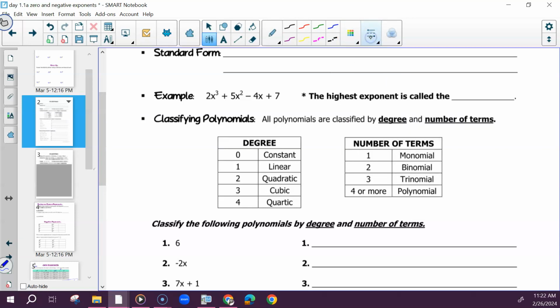So when we look at an exponent or the highest exponent in a polynomial, if there isn't an exponent at all and there's not a variable, so like if we just had 7, that would be a constant. If we have just x but no exponent, that would be linear. Something with a 2 is quadratic, something with 3 is cubic, 4 is quartic, and 5 is quintic.